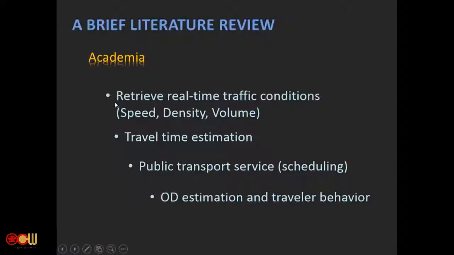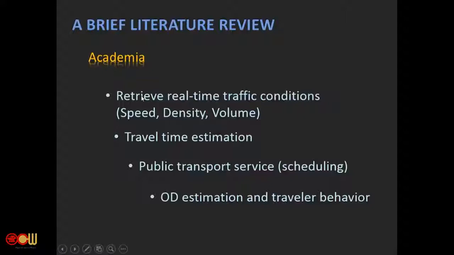In academia, in the university, we retrieve real-time traffic conditions: speed, density, volume. That's what we use. Remember, in every city, when they talk about ITS, the step one they try to do is what? To install detectors, install sensors, okay? More generally, we call them sensors, covering detectors and video image sensors or cameras, too.